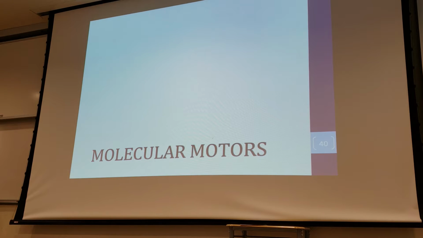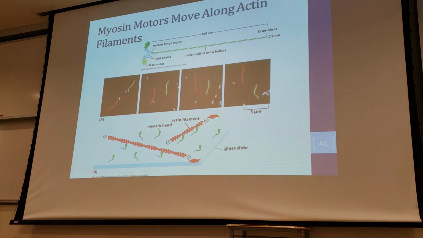So, molecular motors, which will be kind of our introduction for the muscle lecture. Myosins are examples of molecular motors. These are proteins that are actively moving along the cytoskeleton.